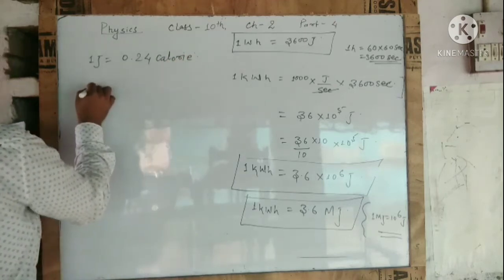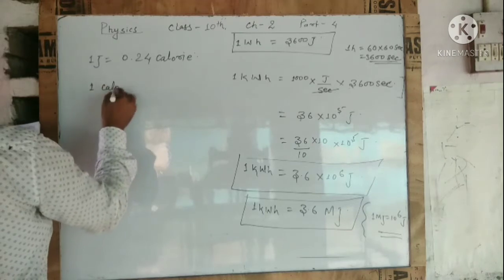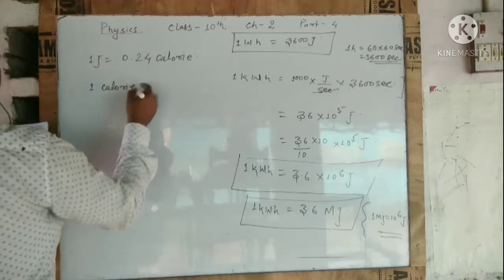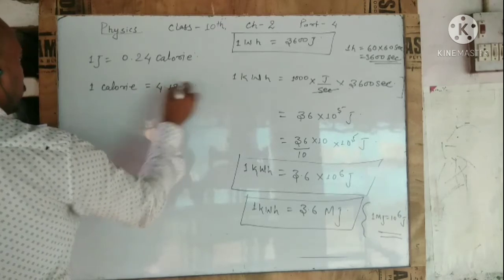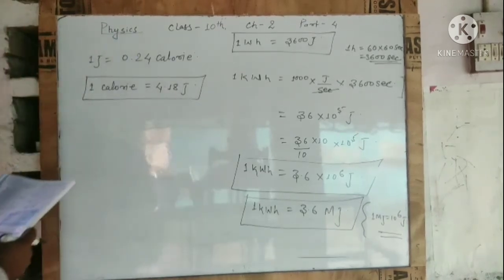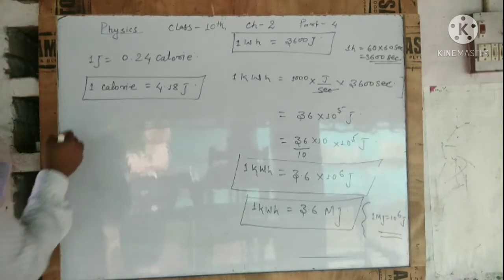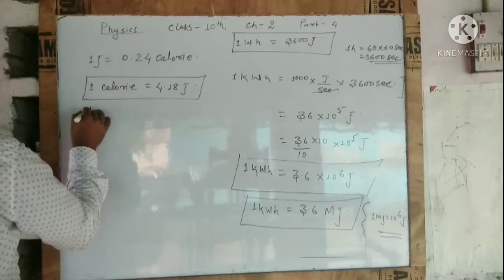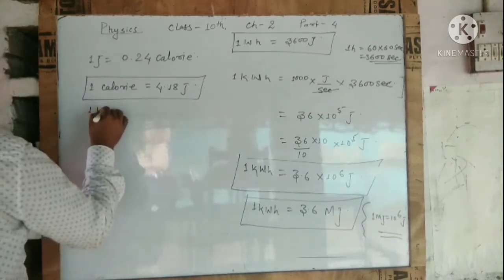Or you may also write 1 calorie is equal to 4.18 joule. Now you may also write 1 kilocalorie. 1 kilo means you have to multiply by 1000.